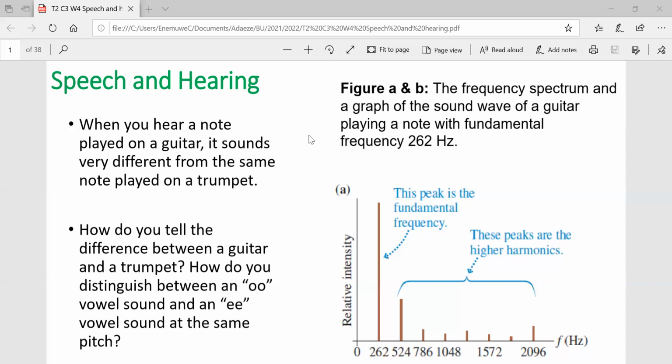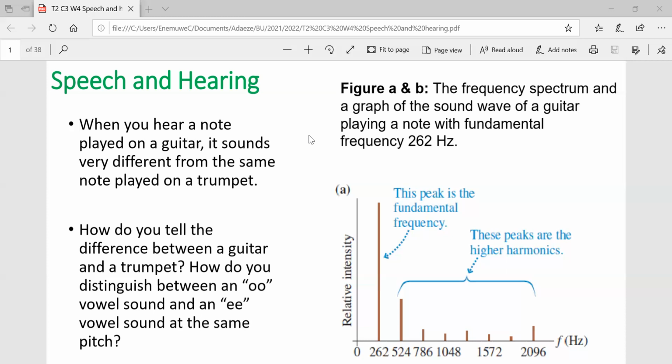So when you hear a note that is played on a guitar, for example, and you play the same note, the same key, on a different instrument, say a trumpet, you are able to say, oh, this is the key from this particular instrument, if you are used to that, and you're able to say, oh, it's different from the one played on a different instrument that you're not used to.